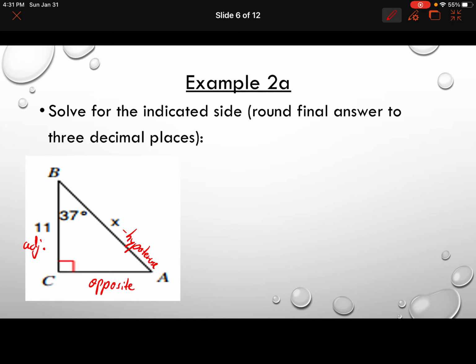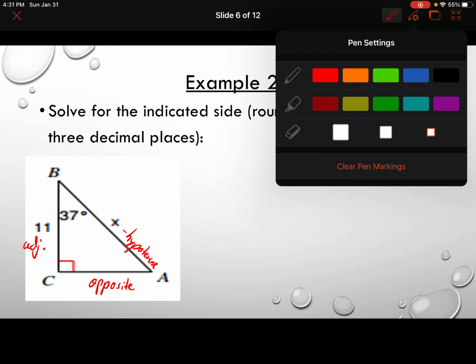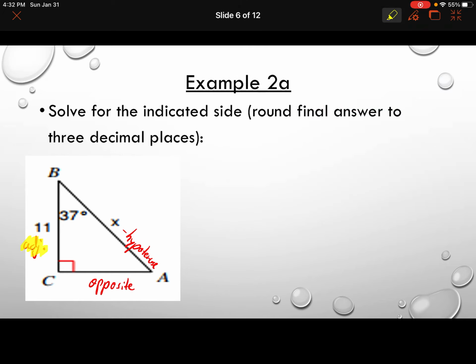So let's think about this. We're trying to solve for x, which is the hypotenuse side. We know the adjacent side, which is 11. Which of the trig functions involves adjacent and hypotenuse? The answer to that question is cosine.